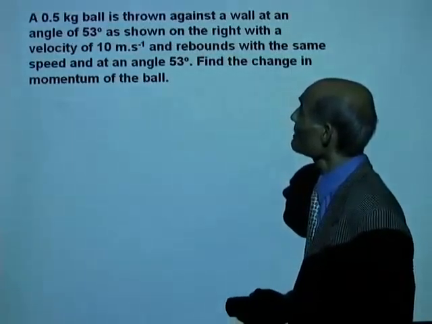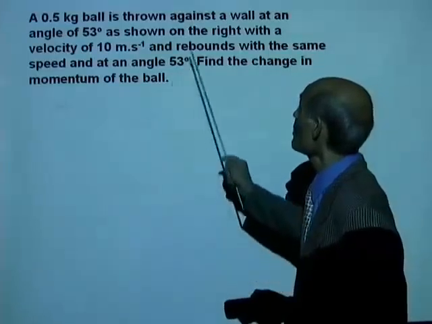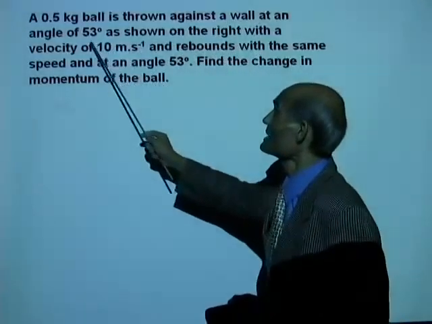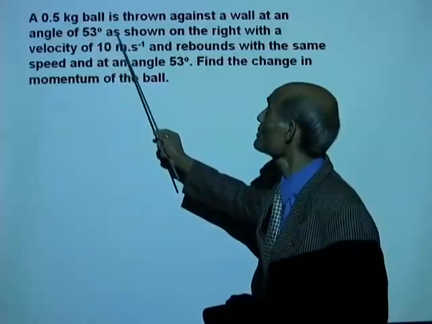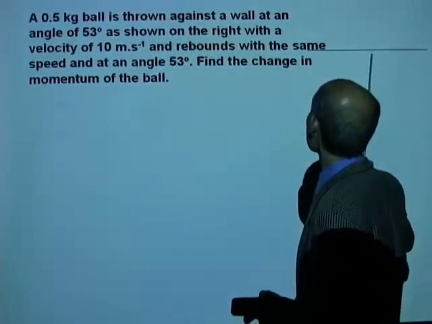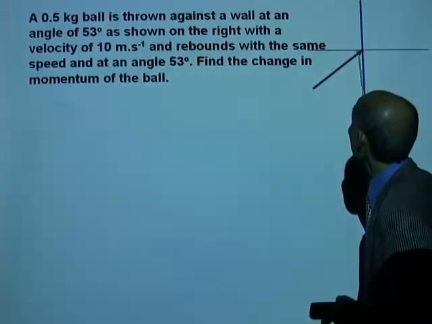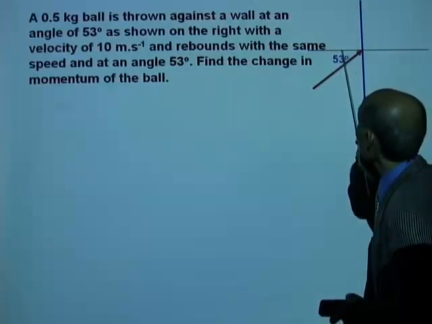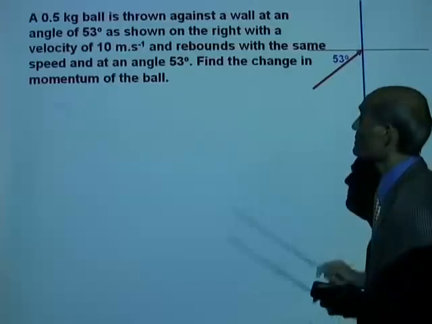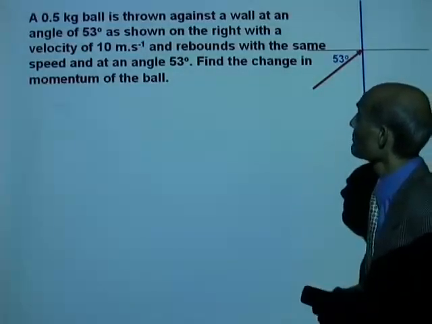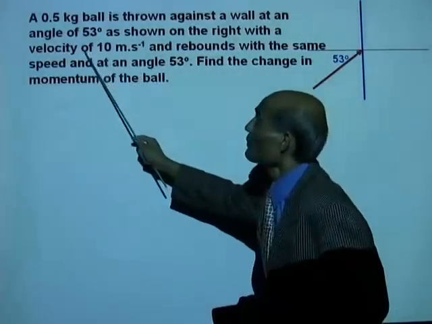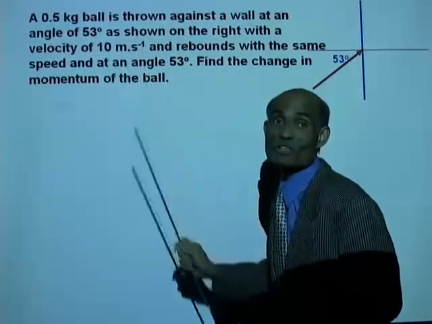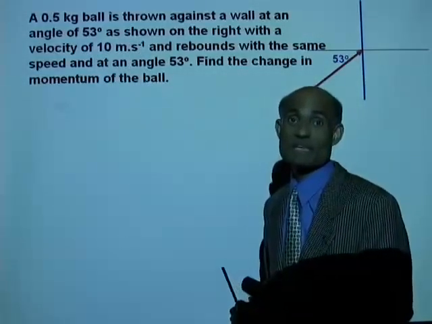A 0.5 kilogram ball is thrown against a wall at an angle of 53 degrees as shown on the right. Here is the ball thrown at an angle of 53 degrees. That is the angle 53 degrees. And the velocity, initial velocity, is 10 meter per second.